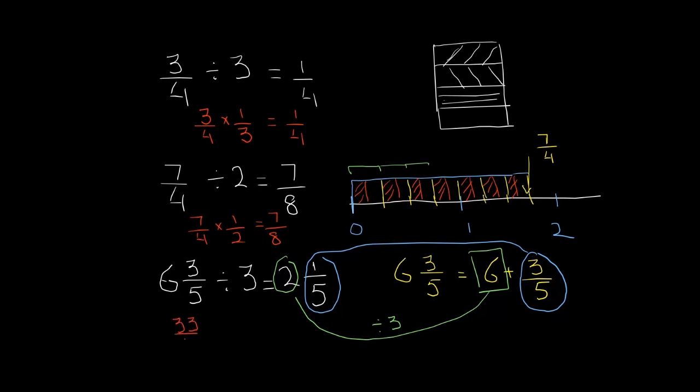And if I multiply 33 over 5 by a third, putting the 3 in the denominator, after cancellation I just get 11 over 5, which turns out to be exactly equal to 2 whole and 1/5.